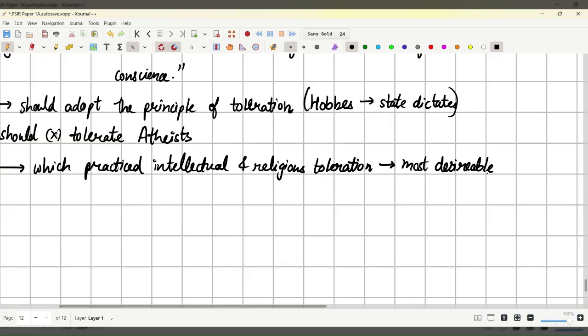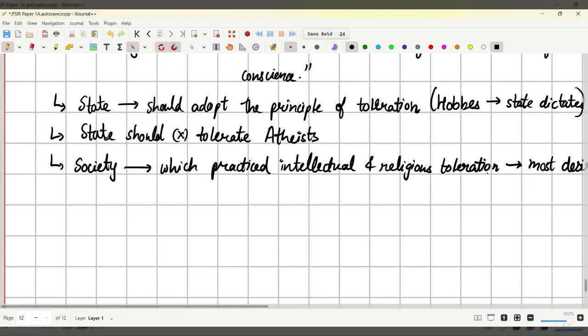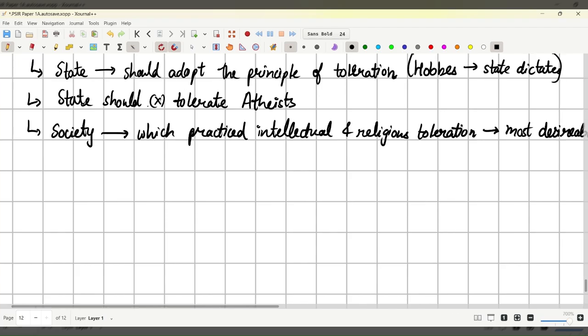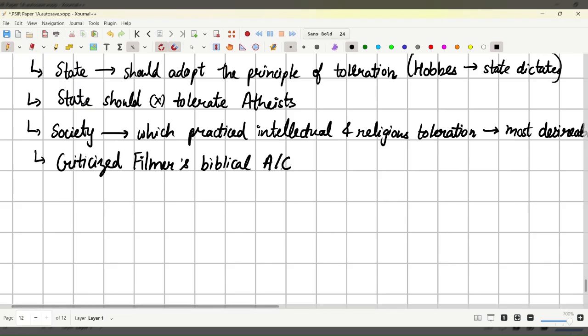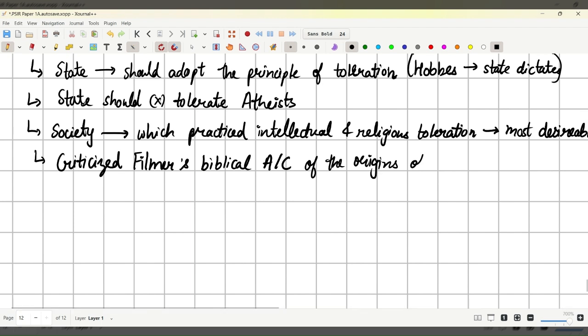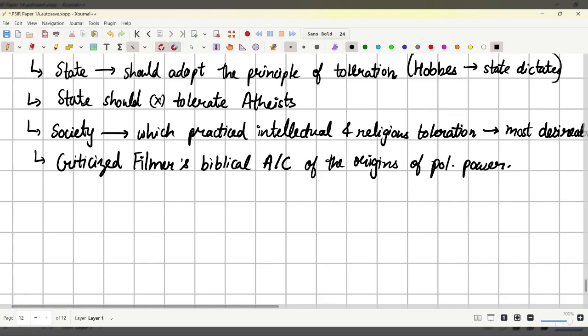Then he also criticized Filmer's biblical account of the origins of political power. Then his views as a feminist.